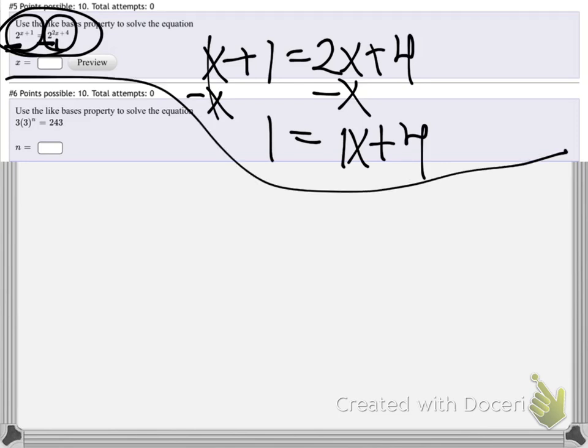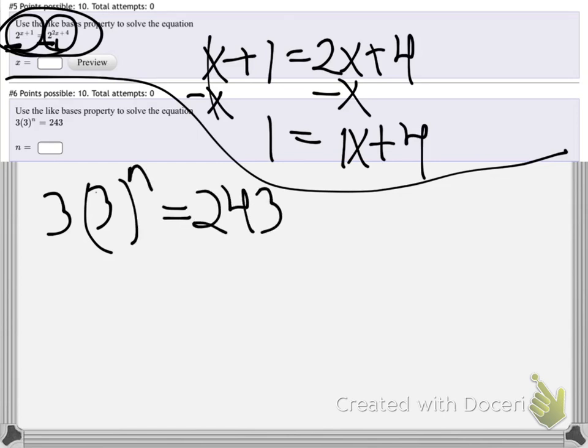Okay, and then on number 6, similar but different idea, we have an extra 3 timesing, then times 3 to the n equals 243. A lot of 243 showing up in this version of the homework. Anyway, probably what I would do there is just notice that it's the 3 that's in parentheses that's taken to the n power.